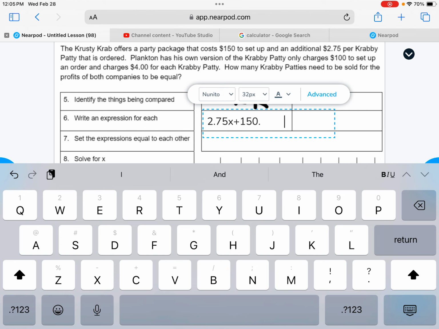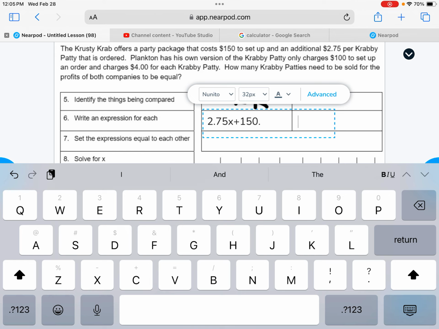If I keep reading though, the Chum Buckets. Plankton's got its own version of the Krabby Patty that only charges $100 for that party fee, but charges $4 for each Krabby Patty. How many Krabby Patties need to be sold for the profits of both companies to be equal? So if I look at the Chum Buckets, he's charging more per Krabby Patty, isn't he?